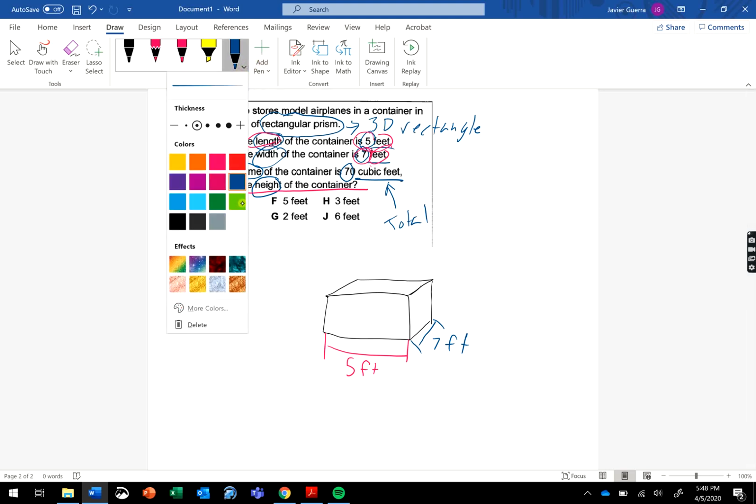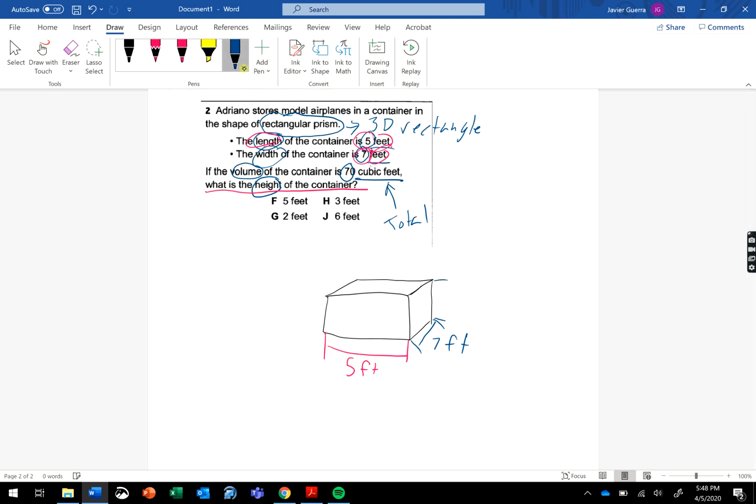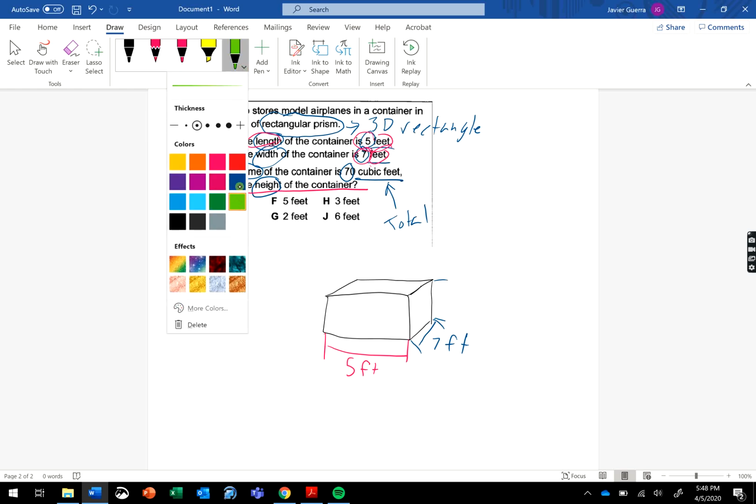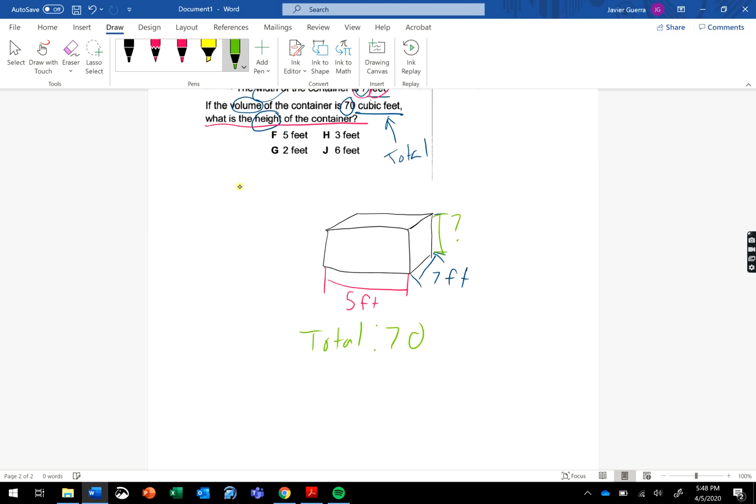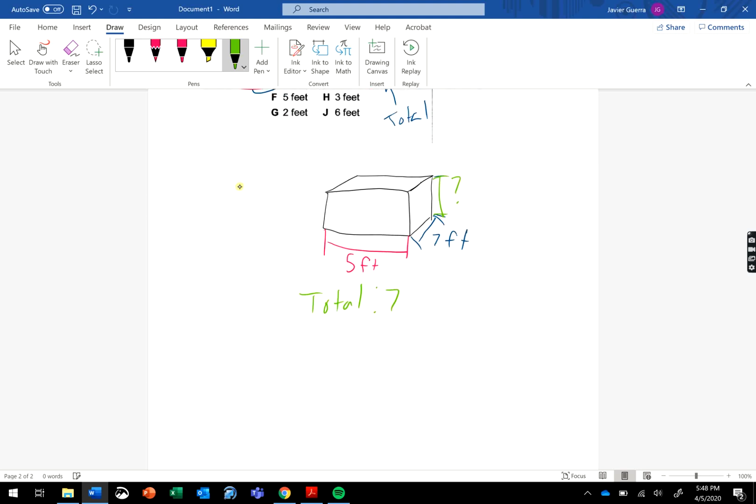So what's our height? That was supposed to change color. There you go. We know what this is, okay? But we know the total amount, right? Total is 70.